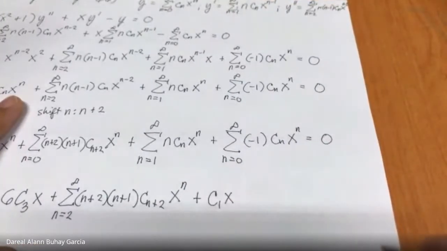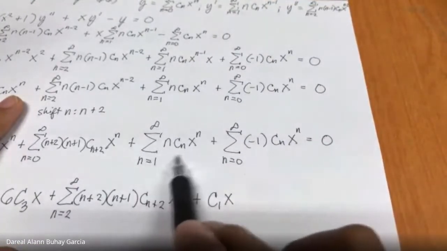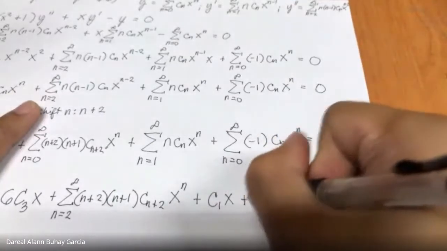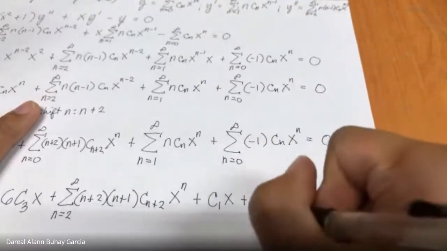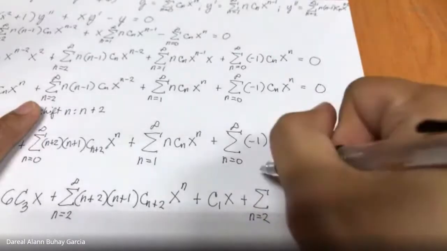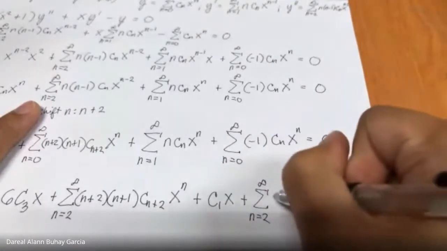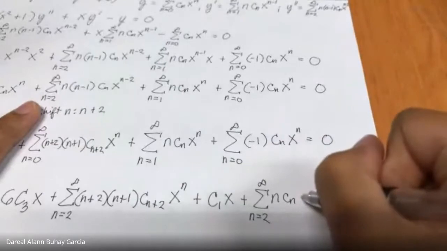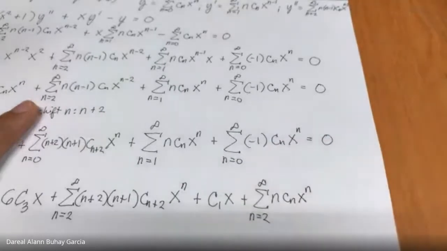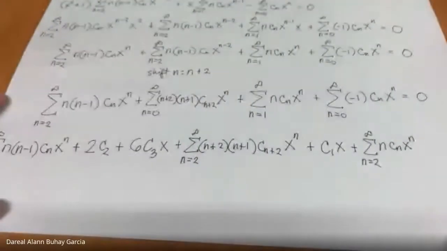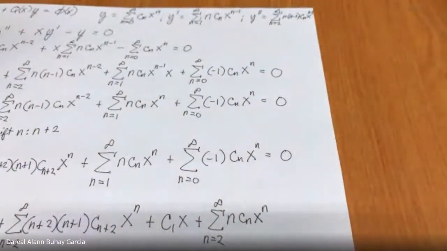Okay. Plus, summation n is equal to 2. Okay, nagsugod na tag 2. Infinity. Okay.